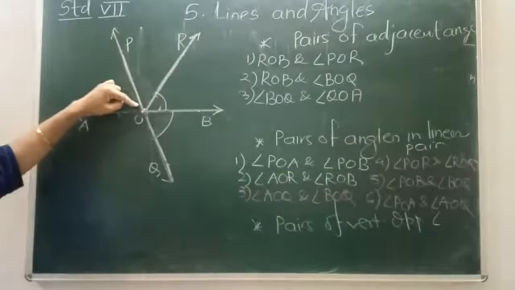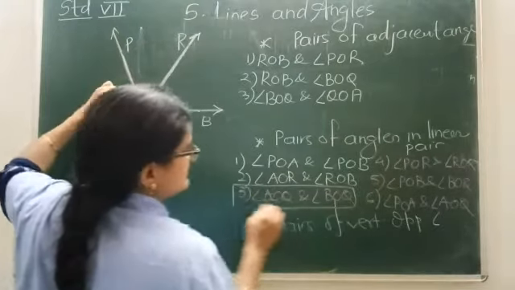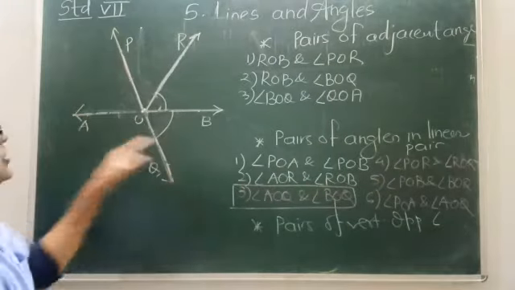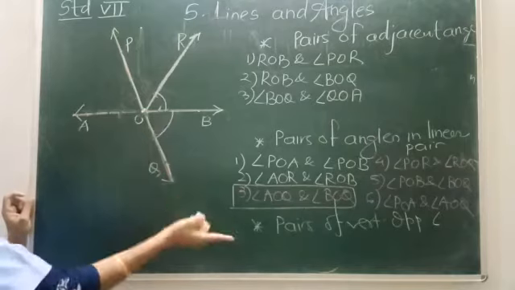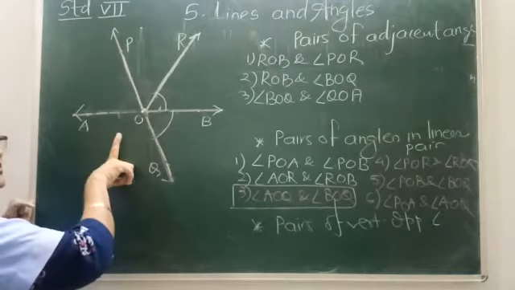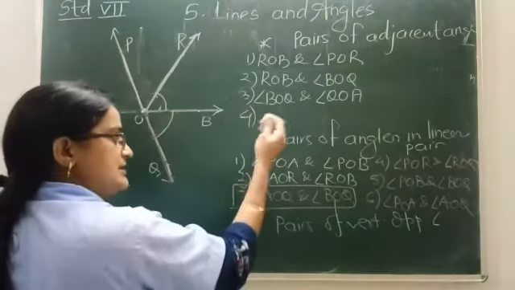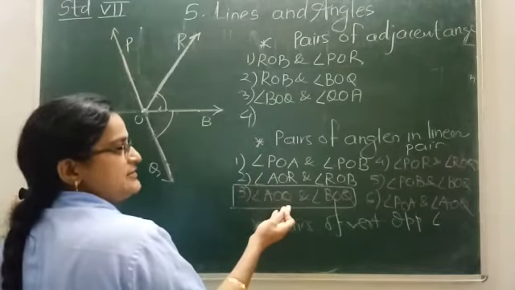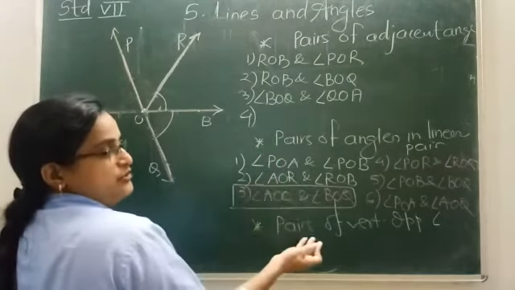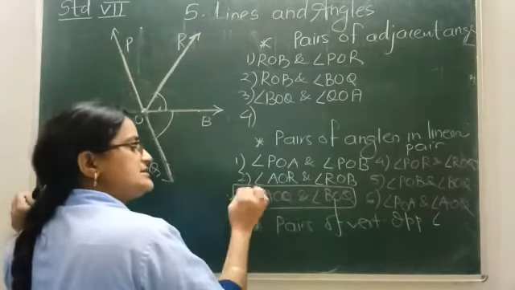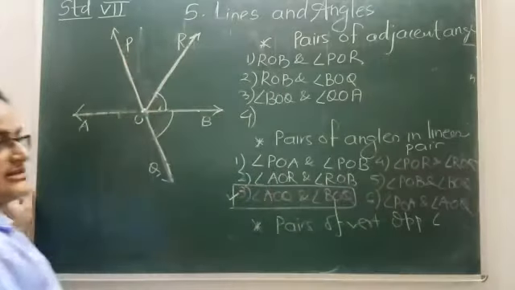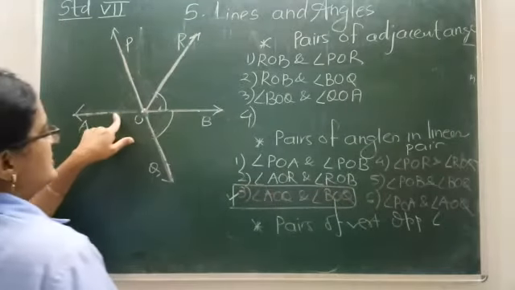You can see this pair here also. So these are the angles which are adjacent as well as in linear pair. Understood? So adjacent angles can or cannot be in linear pair, but angles in linear pair are always adjacent. That you can easily remember now.